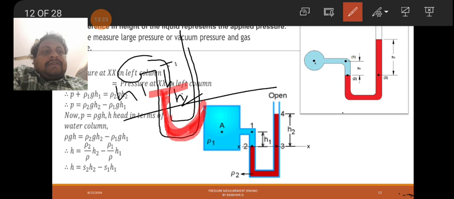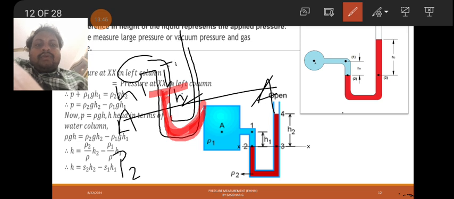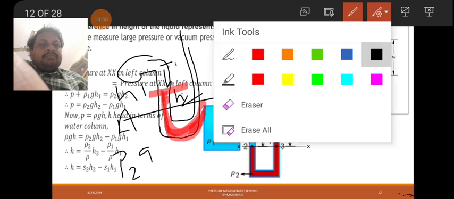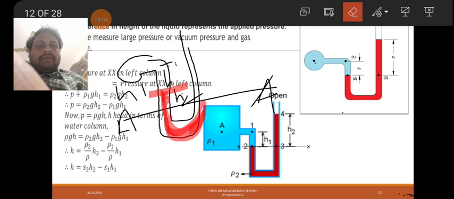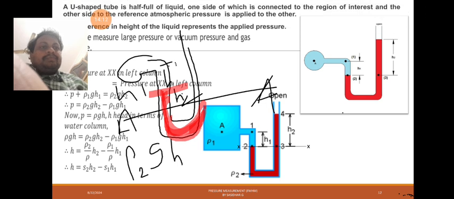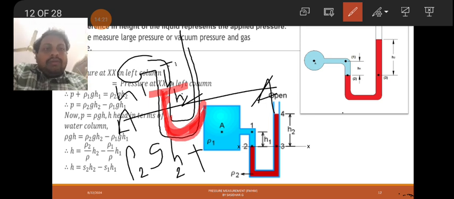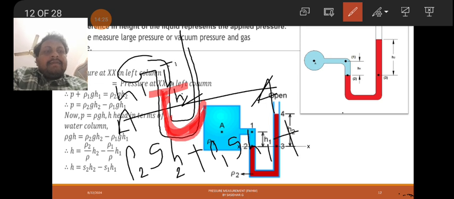This is my datum line A. The pressure above the datum line in the left column equals ρ2 g H2 plus ρ1 g H1 plus P, where the pressure is to be measured.